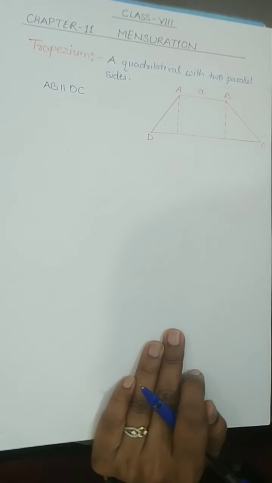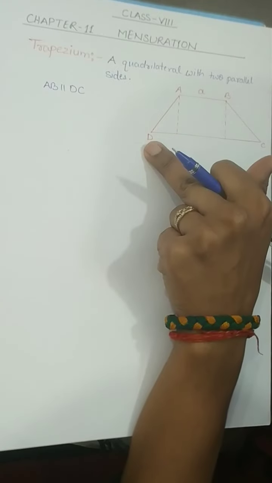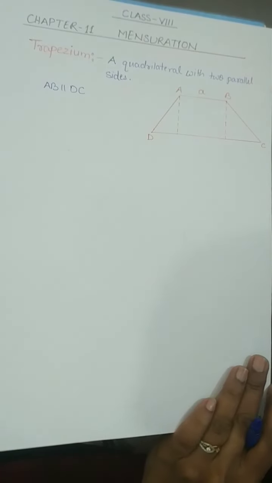The other two sides we can call non-parallel sides, because you can see AD and BC are not parallel to each other. There is one special type of trapezium known as an isosceles trapezium. When the non-parallel sides become equal to each other, we call that trapezium an isosceles trapezium.